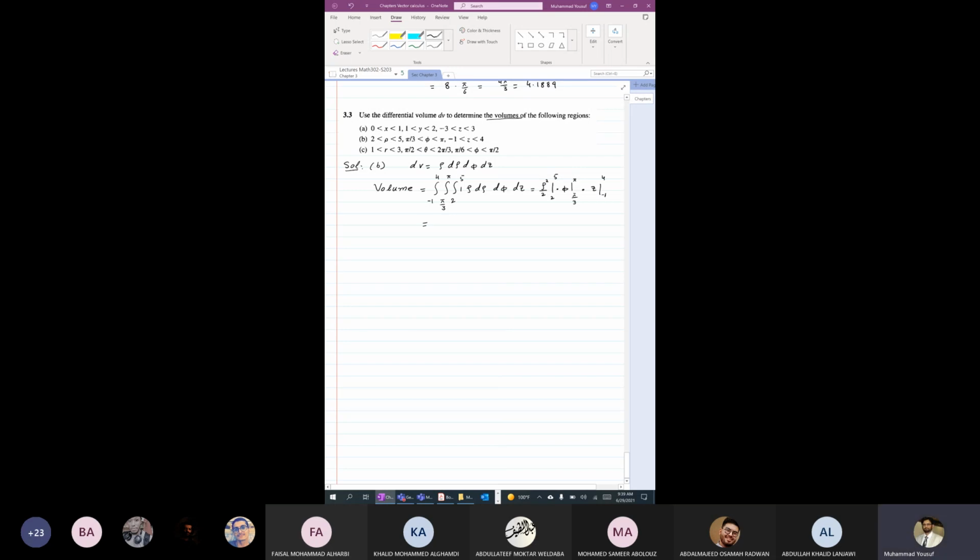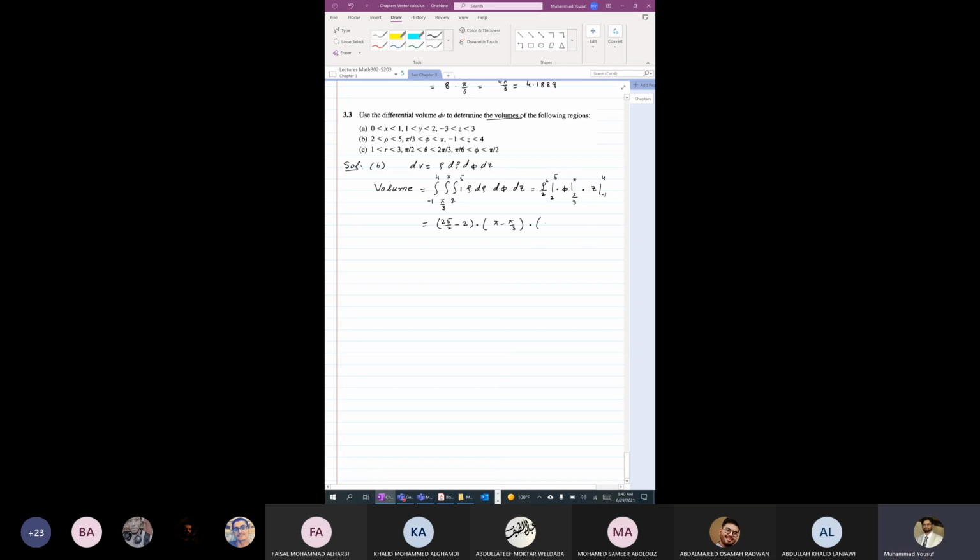And now you simplify. 25 over 2 minus 4 over 2, which is 21 over 2. Now we put brackets: pi minus pi over 3.